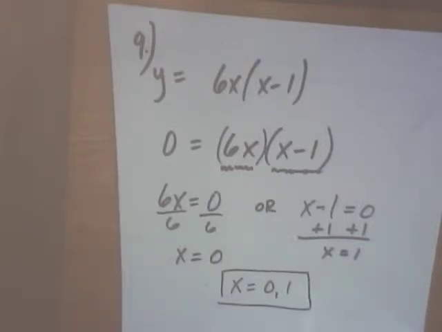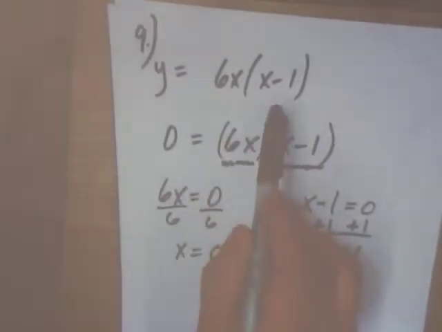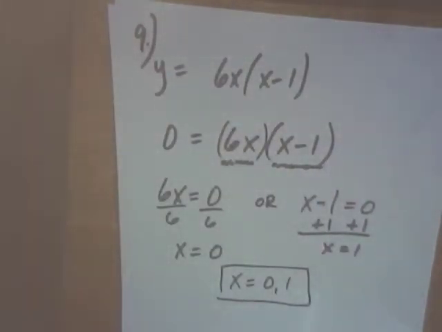Wouldn't the way you wrote it mean x equals 0 and 1? You plug in either one of those values in there, you end up getting 0. Oh, okay. Any questions on number 9?